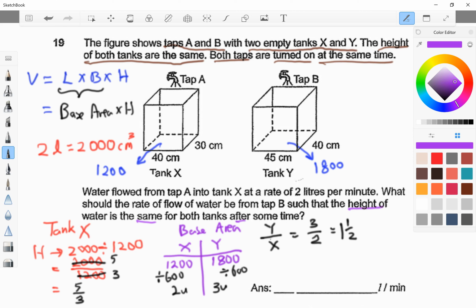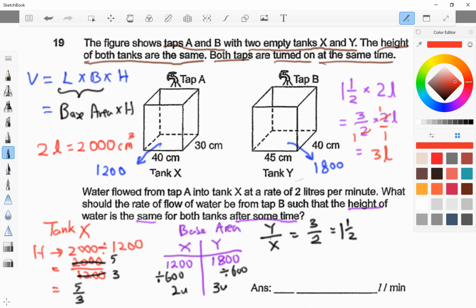So let us try it out, see whether it works. 1.5 times 2 liters, if I work this out, my eventual answer will be 3 liters.